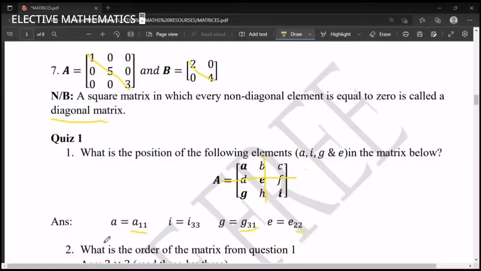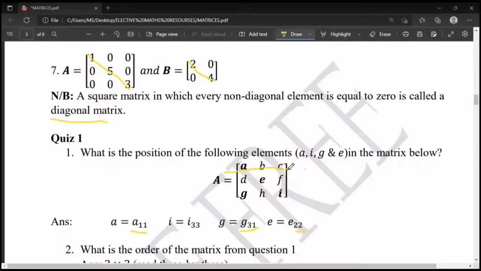Now, another question. What is the order of the matrix from equation 1? This matrix. Pause the video. We determine the order of matrix by rows and columns. So let's check how many columns do we have here and how many rows do we have here.